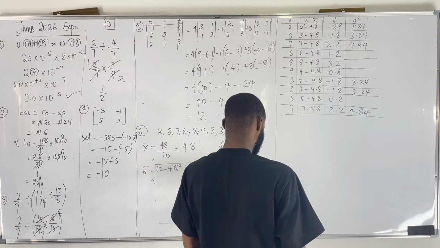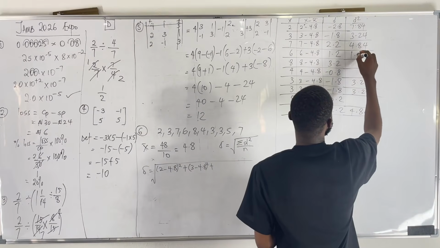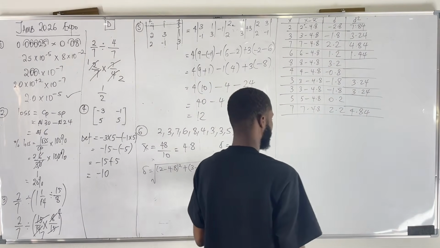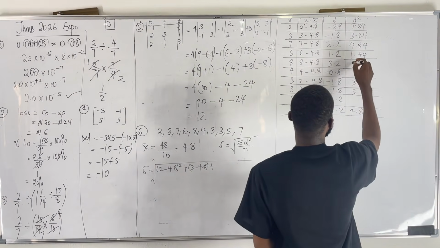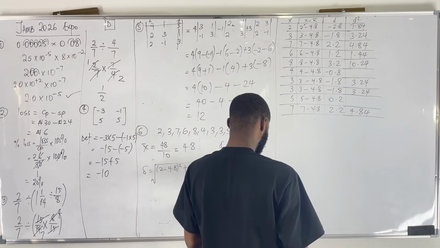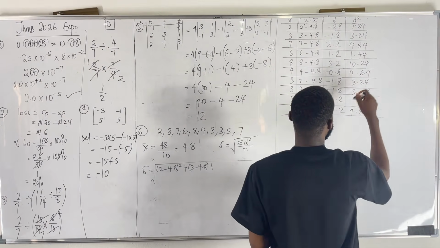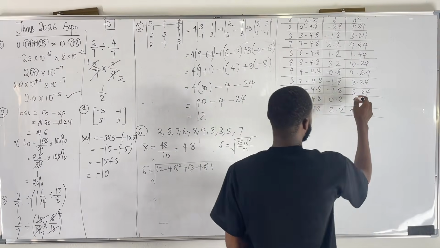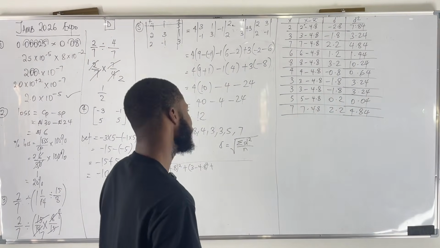All right. 1.2 squared is 1.44. No other 1.2. Okay. 3.2 squared is 10.24. 0.8 squared should be 0.64. Then 0.2 squared, 0.04. All right, that is a lot.